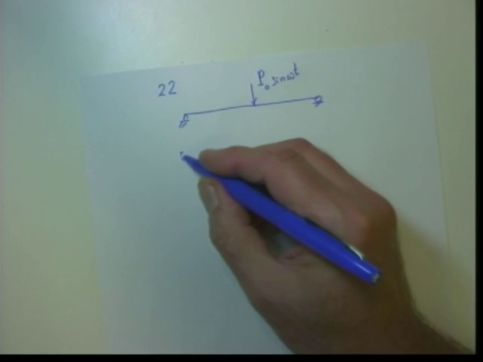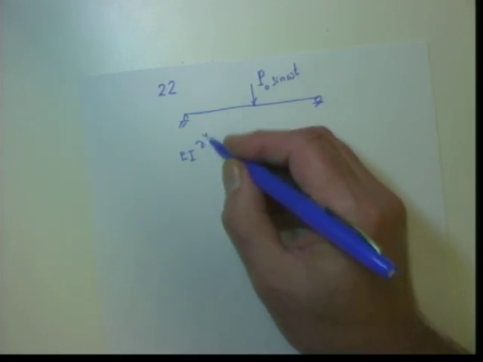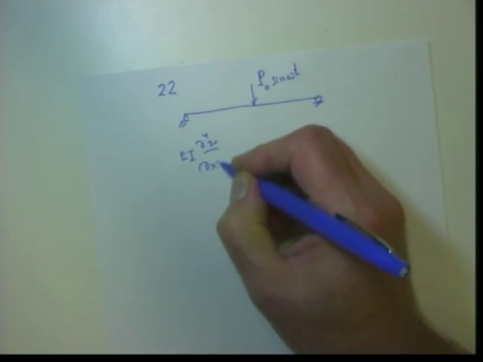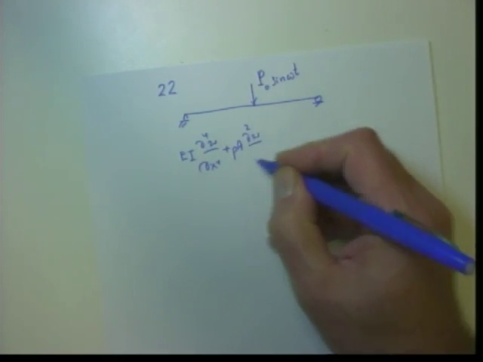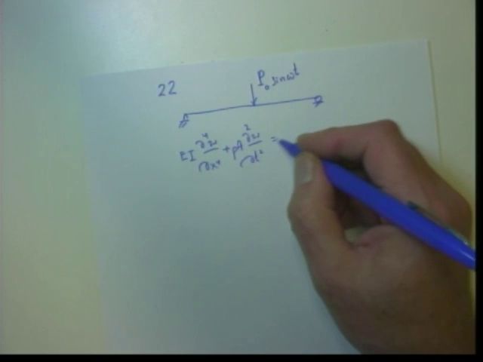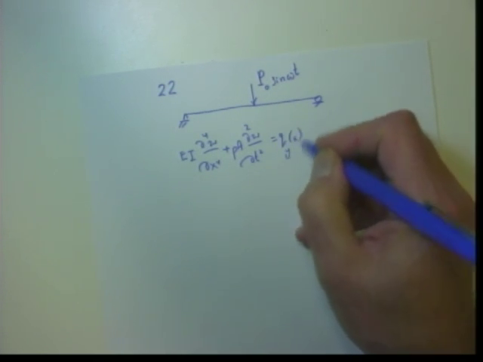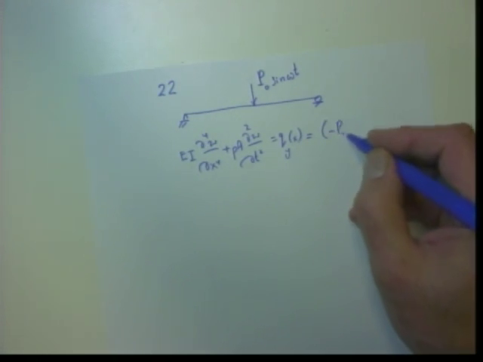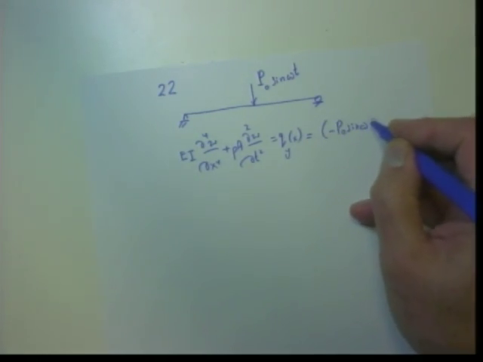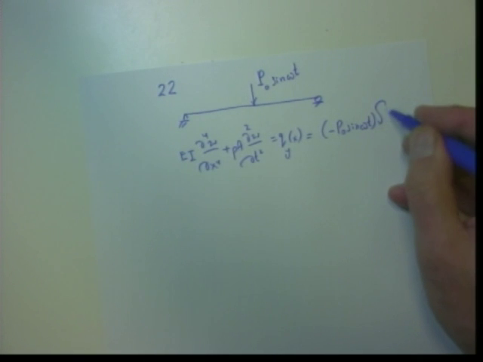So we wrote down this differential equation, EI d^4w/dx^4 plus rho A d^2w/dt^2 equals q_y of x, the distributed load, which equals minus P0 sine omega t times delta function x minus L over 2.